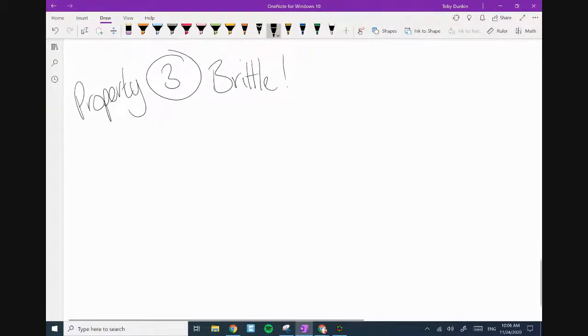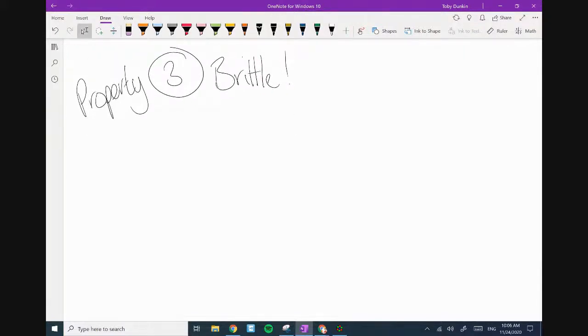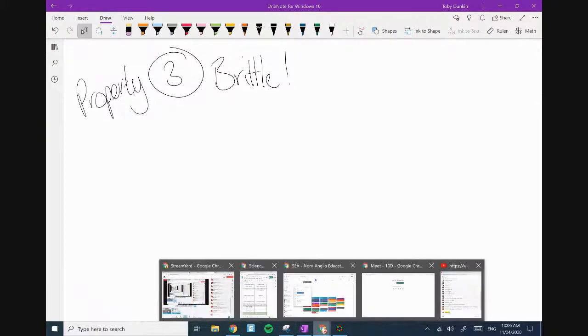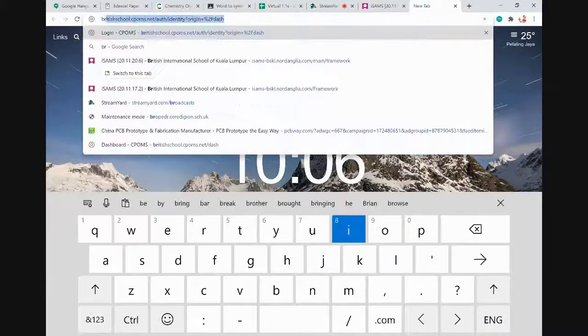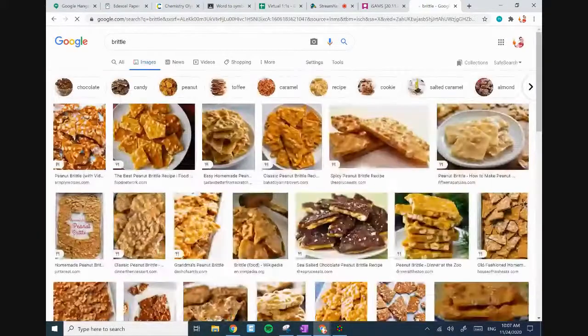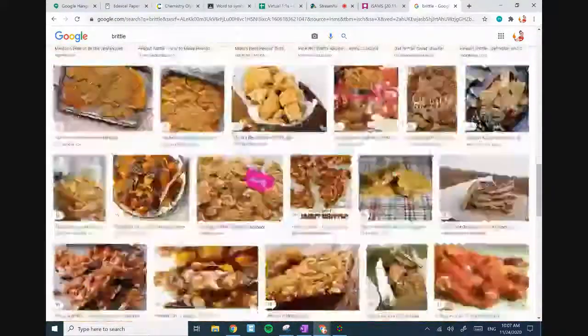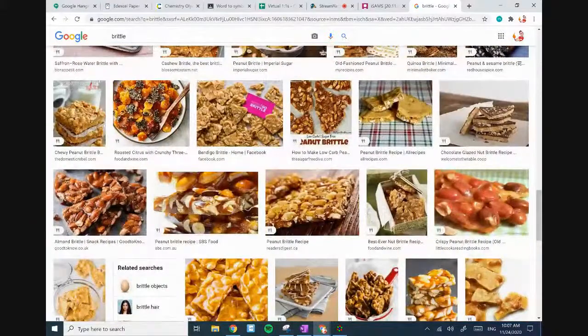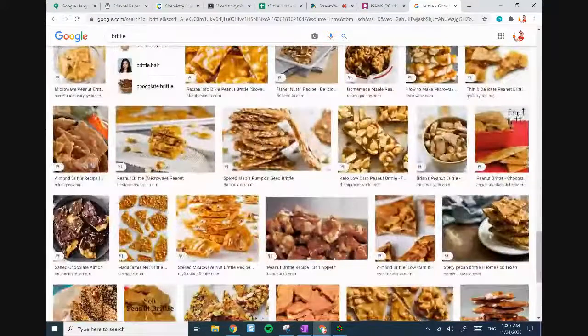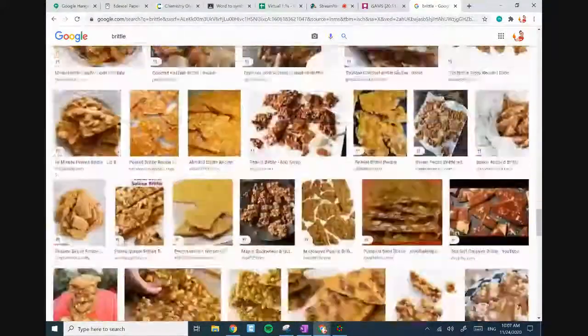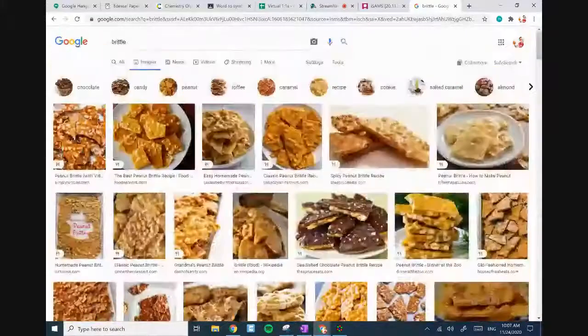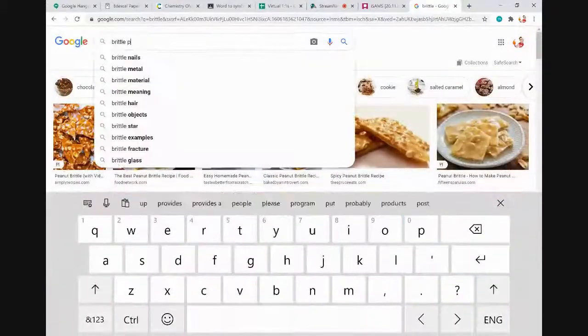So first of all, what does the word brittle mean? So check this out. It's always nice to use the internet. If I just type in brittle and hit images, boom. Oh, dearie me. Should have figured that would happen. Let's go brittle property. Let's try that.